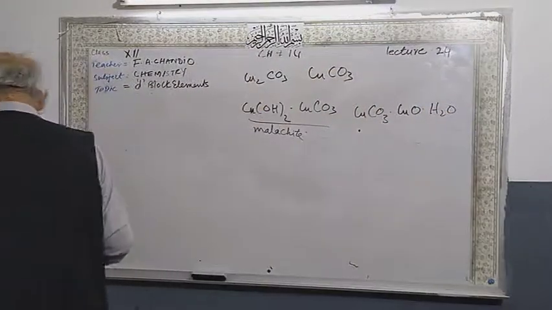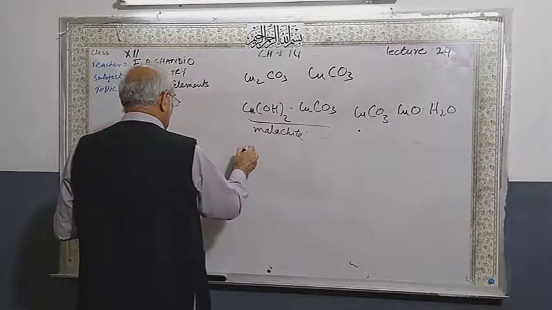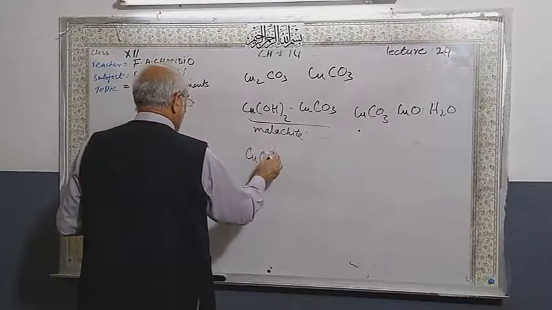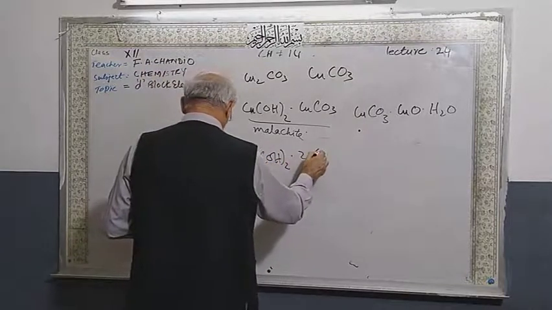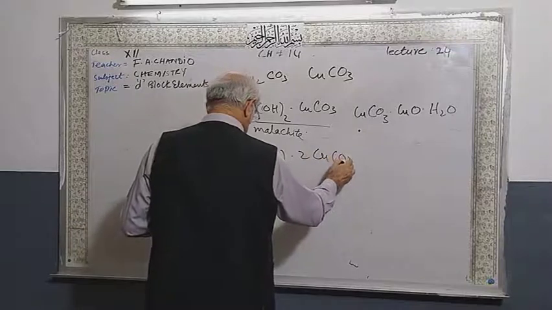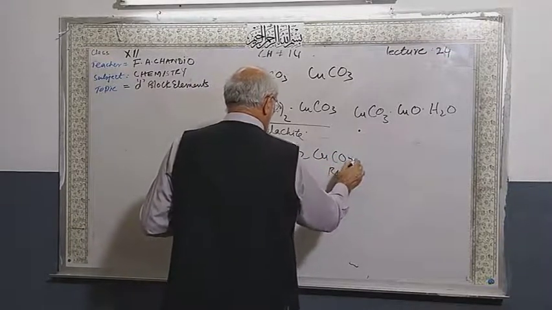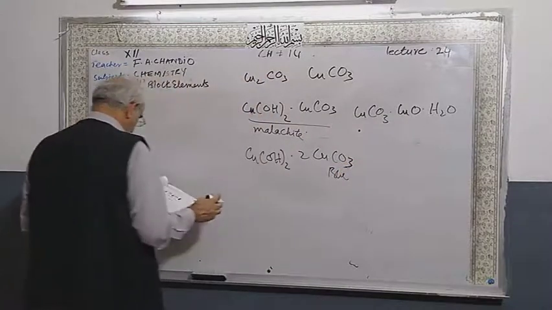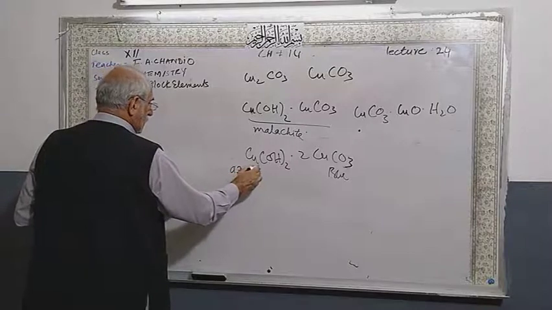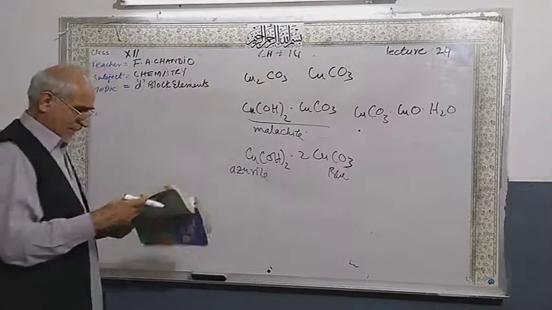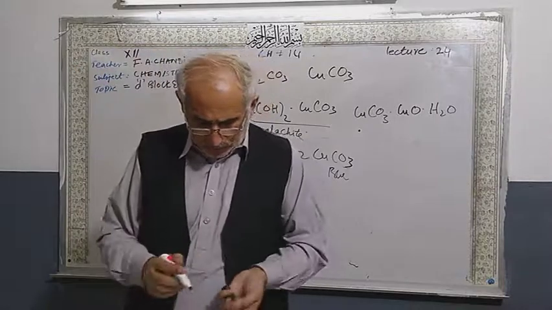So this is the malachite, and if you write like this one, copper hydroxide, 2 copper carbonate, blue, which is called azurite. This is called malachite, and this is called azurite, and the black blue color. Blue color is going to form here.